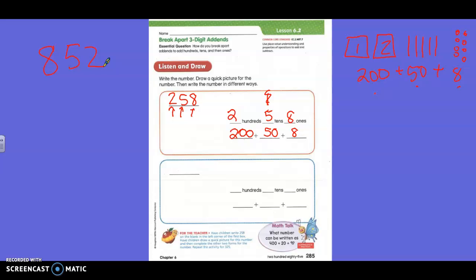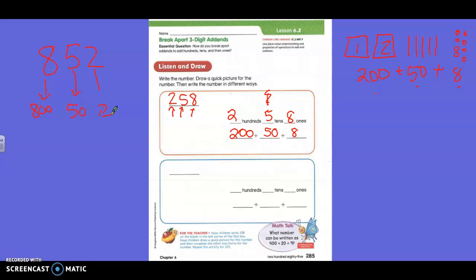No. Because if you mix up the numbers, this is now 800. Its value is different. This is now 50, which stayed the same, but this one changed too. This was worth 2. So if they're in a different order, they don't stay the same value.